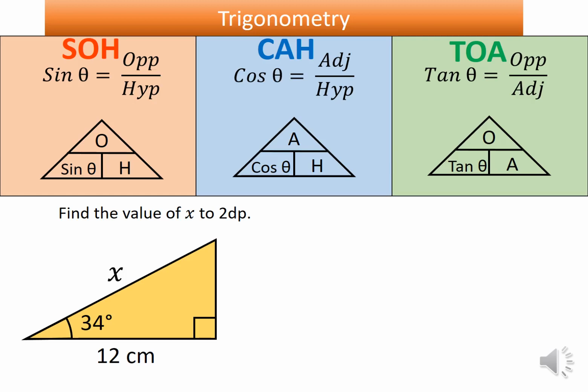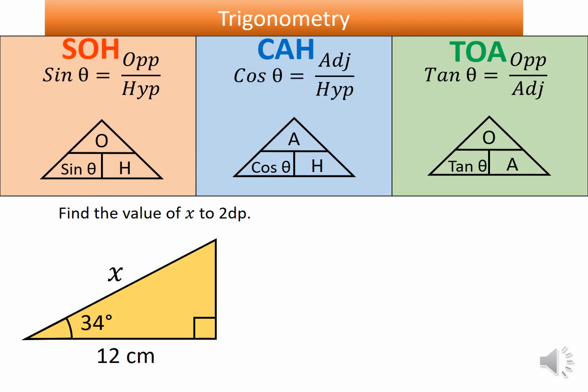And it is very important you can identify which ratio you need to use, and then be able to rearrange the formula to make sure that you find the correct value. So in my example, I have my angle given, which is 34 degrees. I have one length, which is 12 centimeters, and I've got x.